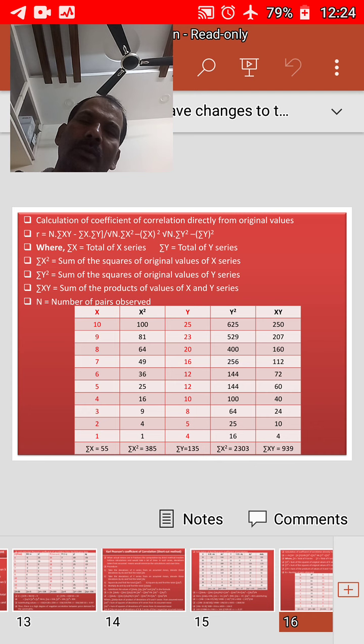If you summate, sigma x is 55 and sigma x square is 385. For the y series, we add all the values of y and get sigma y equal to 135.